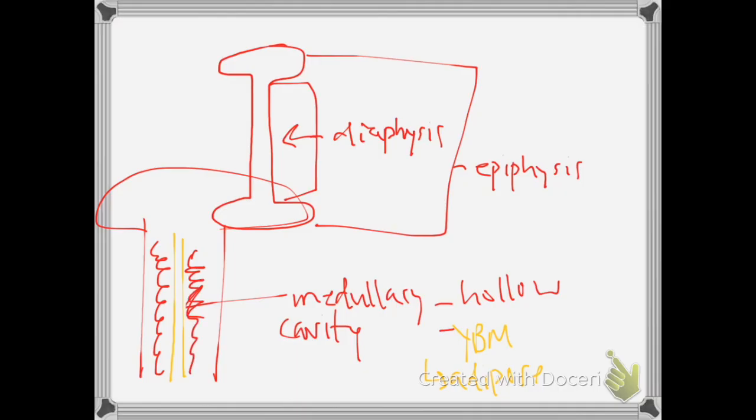And then we have this thick compact bone around the edges. So we have compact bone, and then deep to that we have this spongy bone, and then deep to that in the center of this diaphysis we have a medullary cavity, which is this hollow center, which is yellow bone marrow, being this lipid, this adipose tissue.